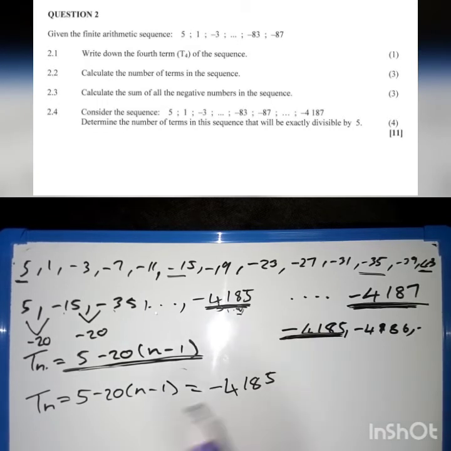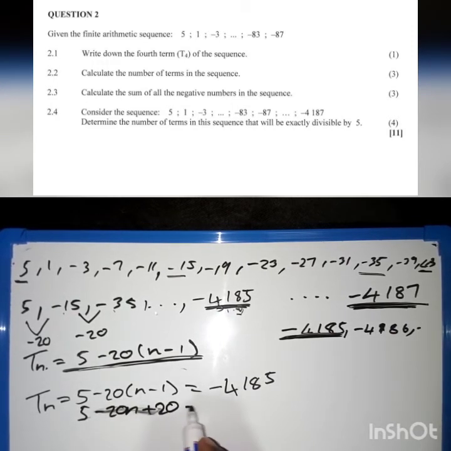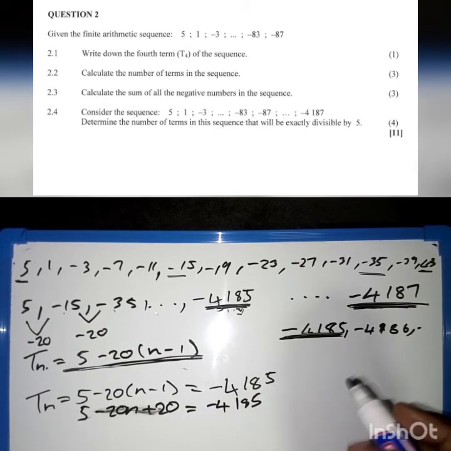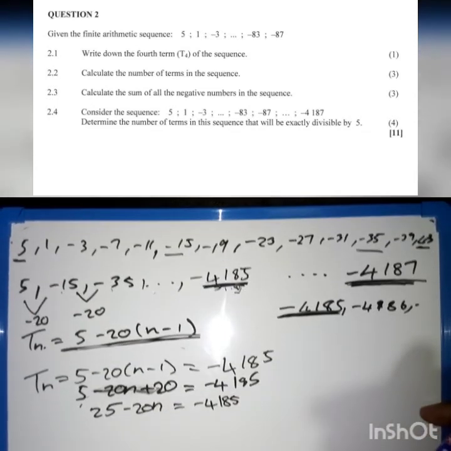So I'm going to solve for n here. I have 5 minus 20n plus 20 will be equal to -4185. Then this will give us 25 minus 20n is equal to -4185.